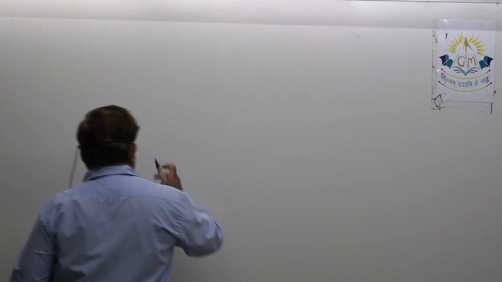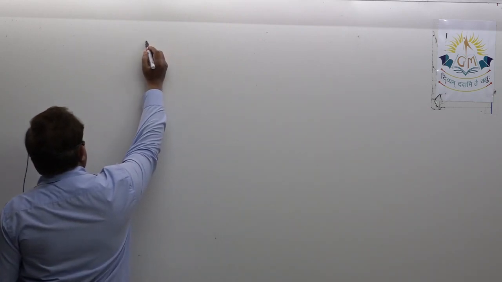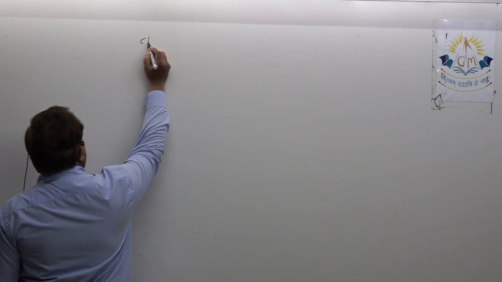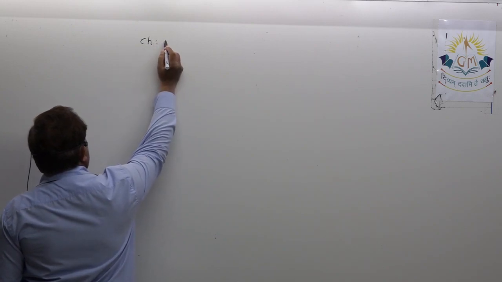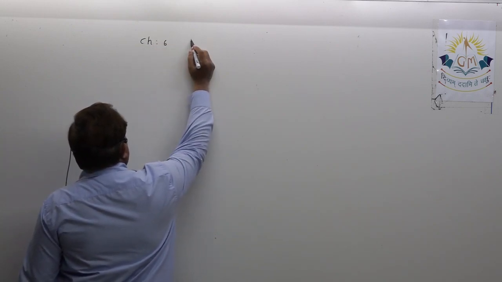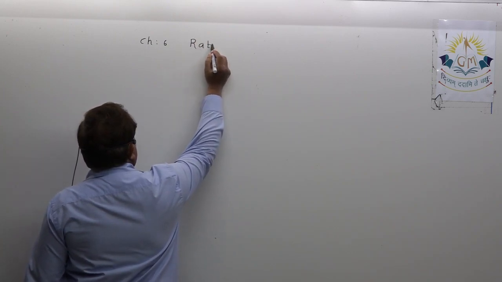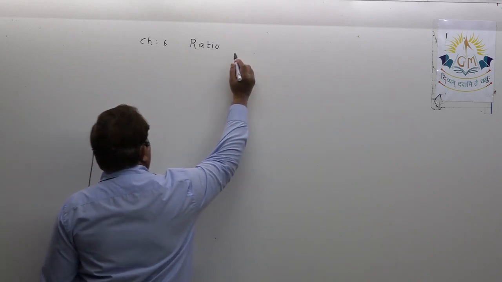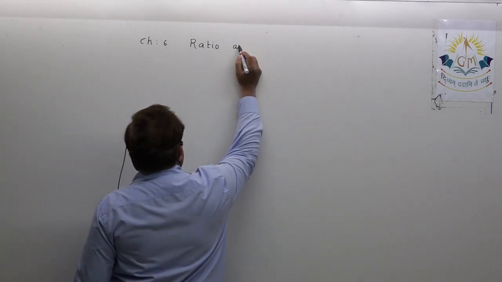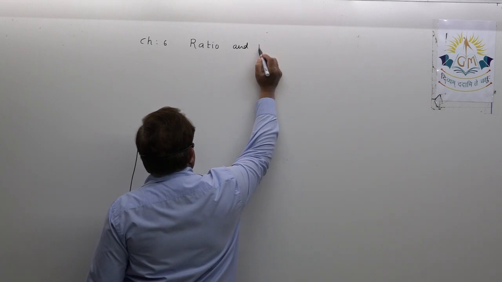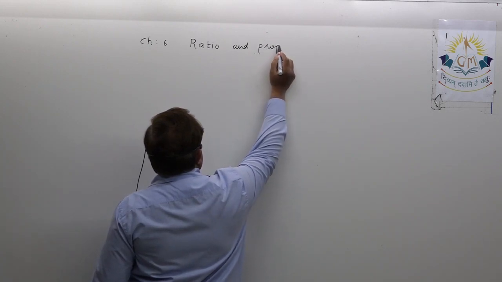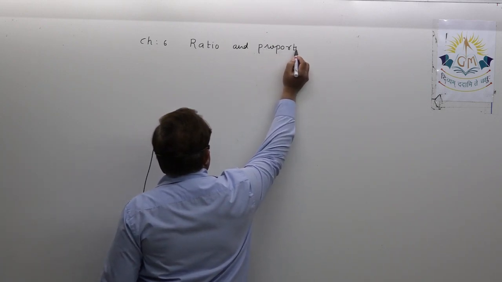So, before we start, as you know, the title of the chapter number 6 is Ratio and Proportion.